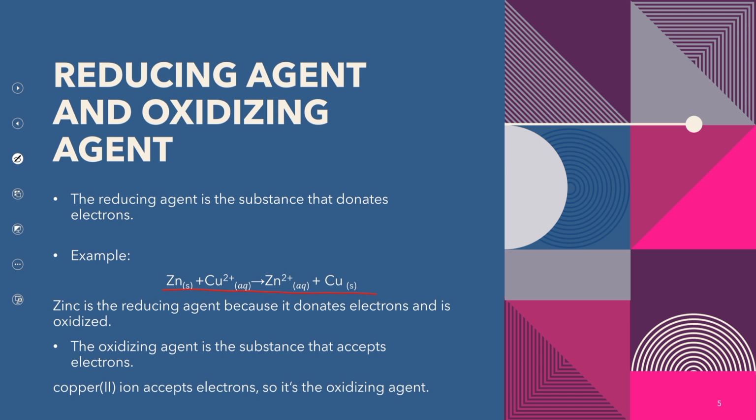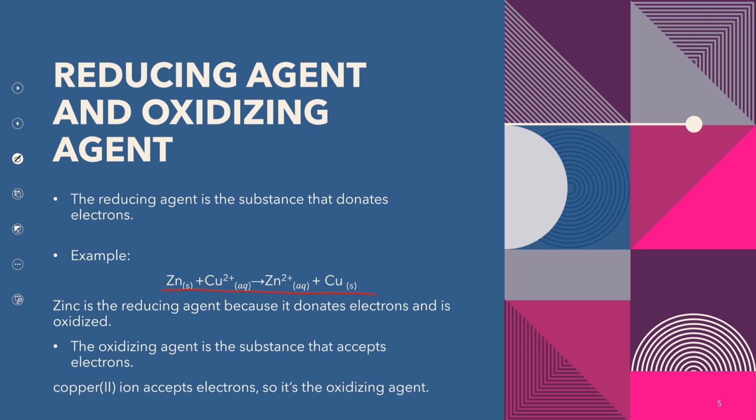So from this reaction, we can actually say that zinc is the reducing agent because it donates electrons to copper. Also note that the reducing agent itself undergoes oxidation, right? And we have what?